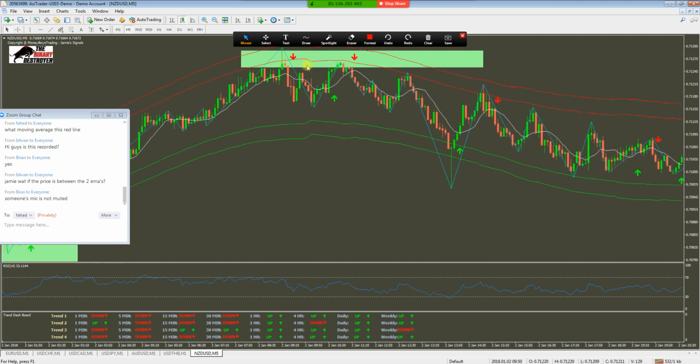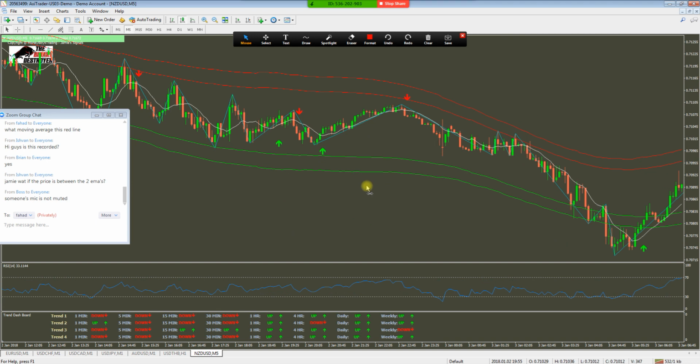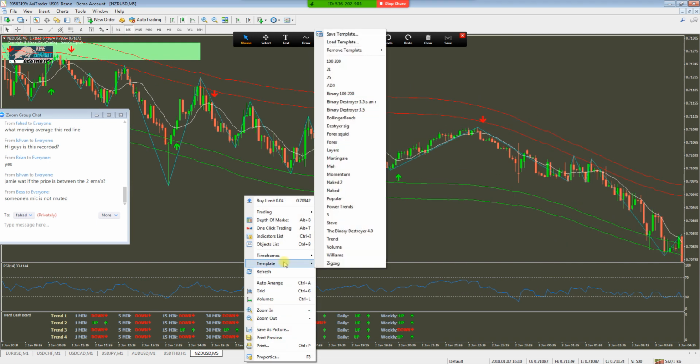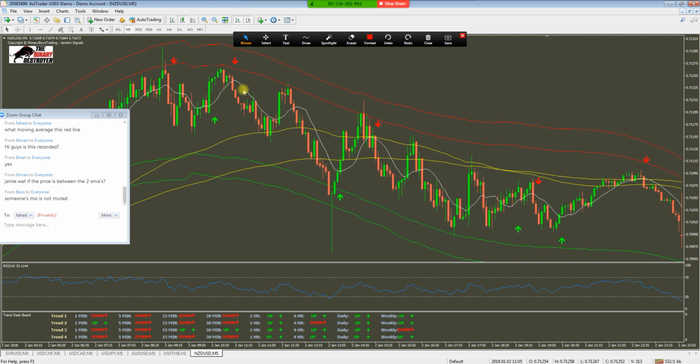If you can spot this, you now know we are in a downtrend, because we took that trade, we took that double top, and now we're going down again. And you could then add the 100 and 200. There's our double top. See that double top?